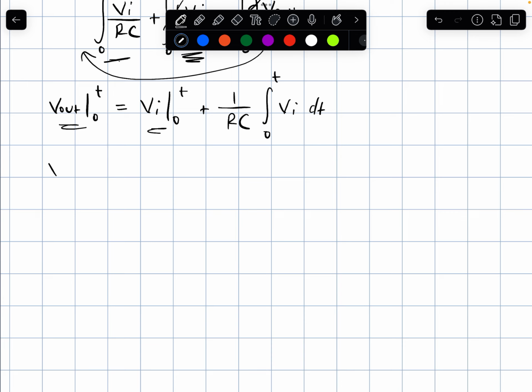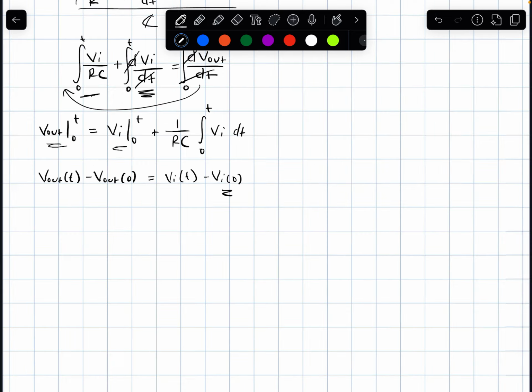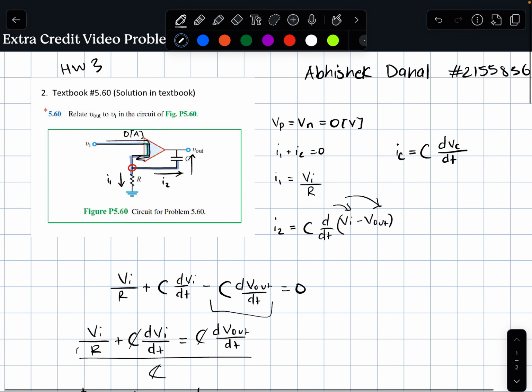Okay, so now that we got that, we need to expand these further down. So this is going to be V out of t minus V out of 0 equals Vi of t minus Vi of 0. Also, Vi of 0 is 0 because it's like a time thing.